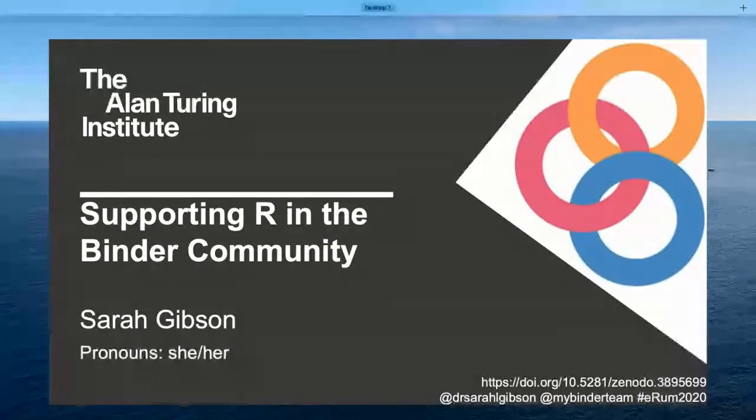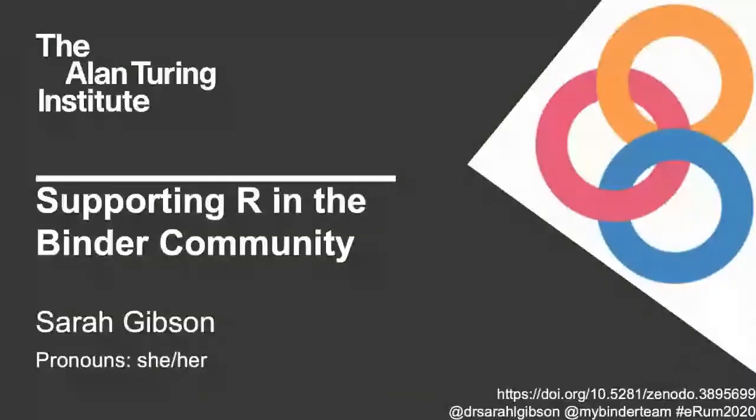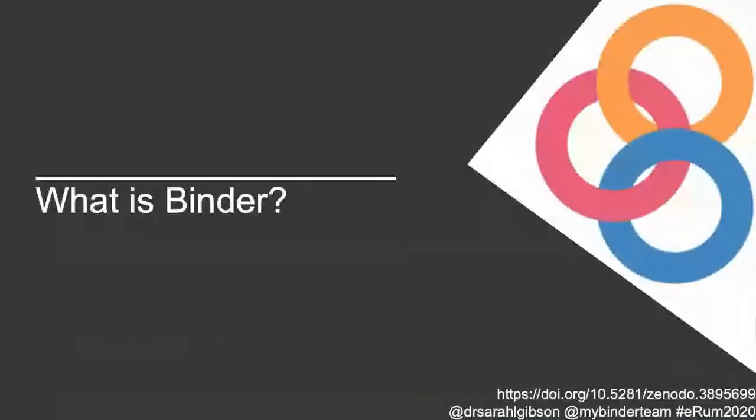So I'm going to be talking today about supporting R in the Binder community. But first of all, if you're not familiar, I'm just going to give a super quick overview of what Binder is. Project Binder is a global community of data scientists and software engineers dedicated to reproducible research.